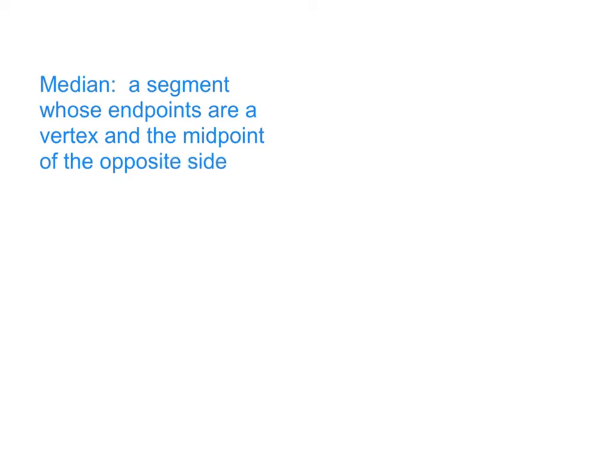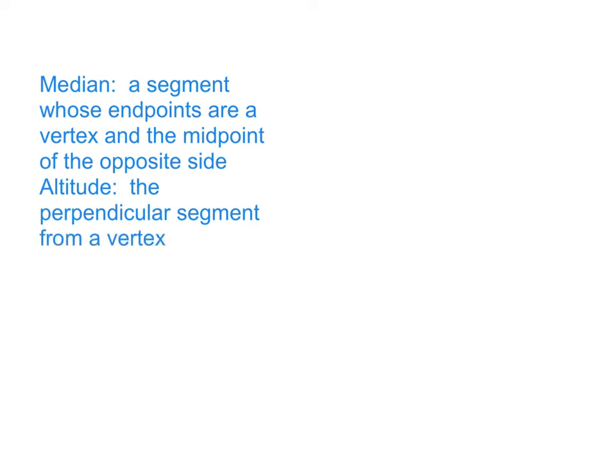And then we'll talk about the altitude. This is the perpendicular segment from a vertex to the line containing the opposite side. Now that sounds kind of funny, but I'll explain why it says it like that in just a second. I'll give you a couple examples here.